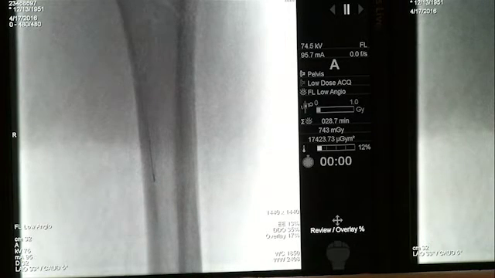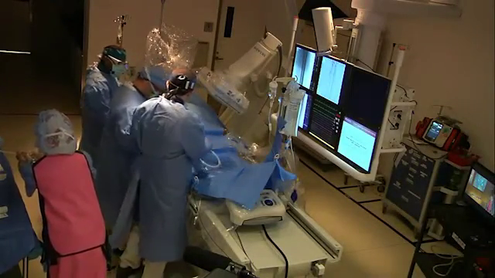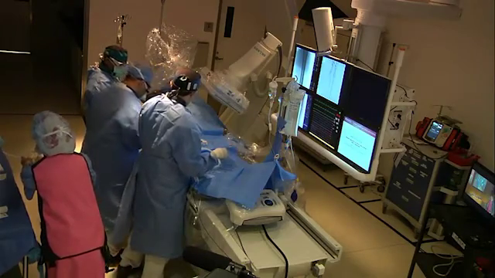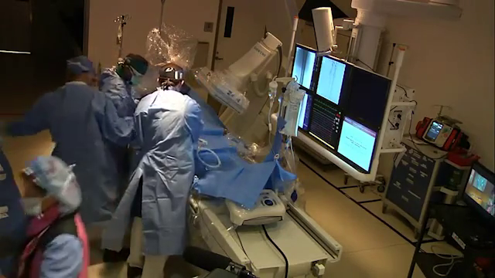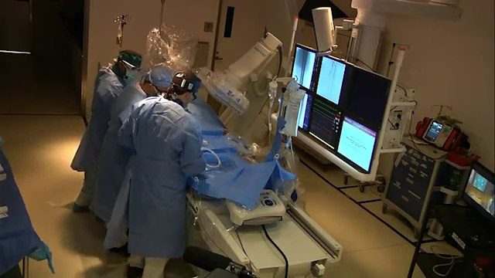So we're going to balloon it with a 3.0 by 3.0 chocolate balloon, and I don't know how familiar the folks in the audience are with the chocolate balloon, but it's the balloon that has a nitinol cage, and at least we believe that it decreases the incidence of dissection. Obviously, we need more data related to that.